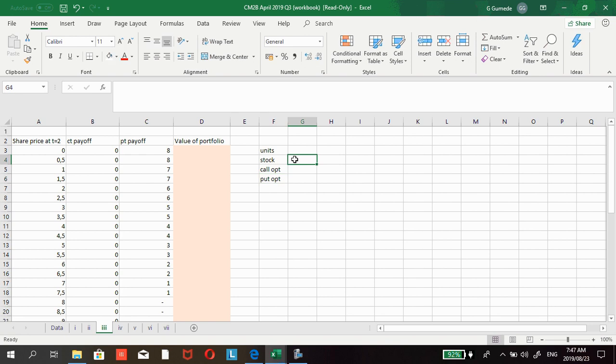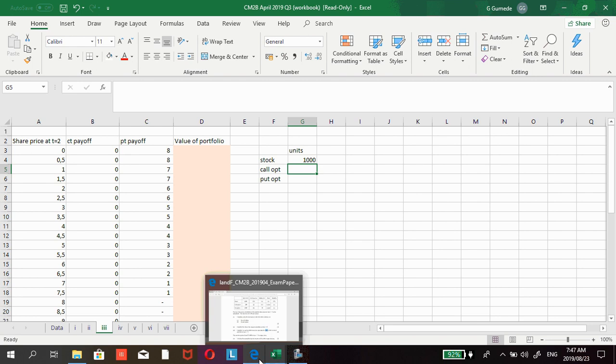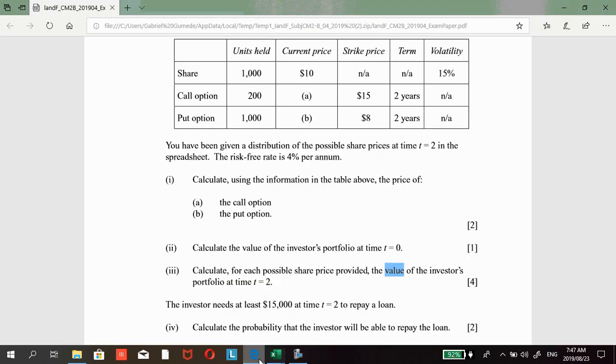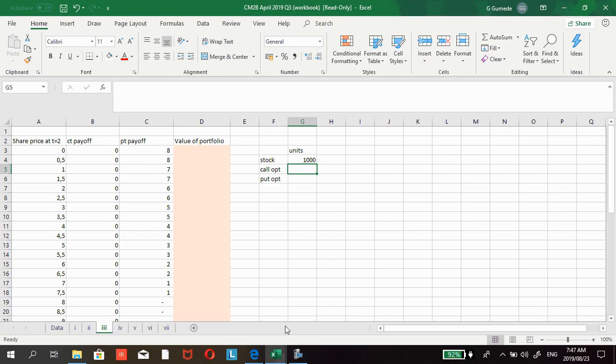Now for stock, I am given, okay, so the unit should be this side. I'm sorry. Let me remove them here. Hope we're doing well on time. Yes. So we've got 1,000 units under stock, and under call option we have got 2,000.